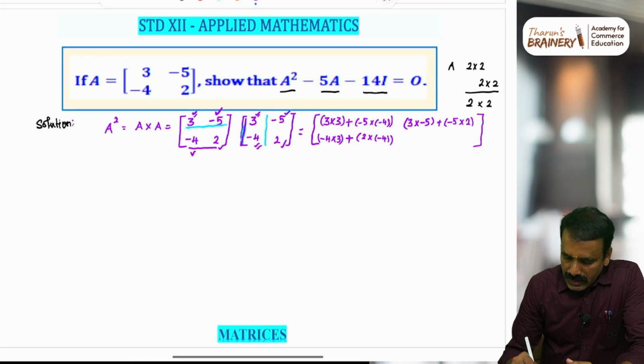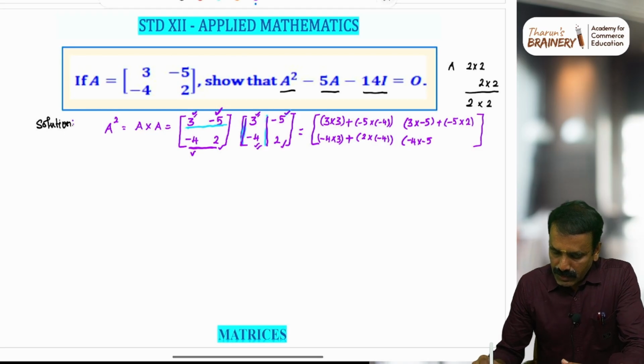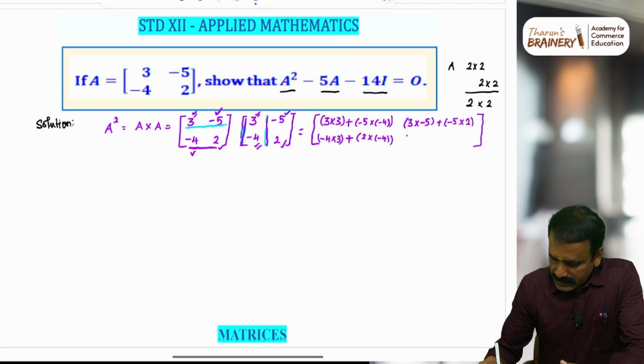Next we move on to second row with second column. So it is minus 4 multiplied with the minus 5. Small adjustment we will do here, because we are dealing with the minus symbol. We multiply with brackets.